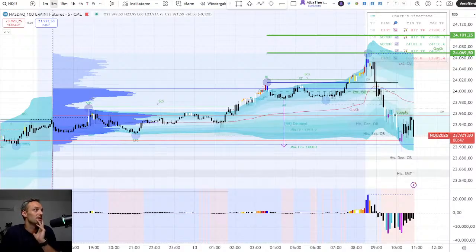Do lifetime users automatically have the Wyckoff indicator in TradingView? Not yet. We are working very hard to get it done, to bring it to the community. We are currently in the process of reviewing Wyckoff in TradingView to have it published as an indicator.